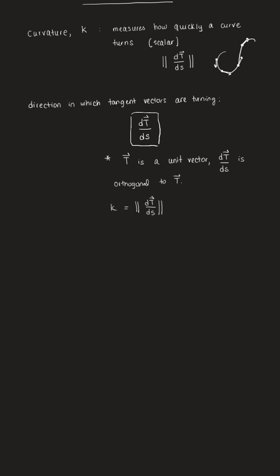So we define a new vector called the principal normal vector. And this vector is going to have a length of 1. It's going to be a unit vector that has length 1, but the direction of dT/ds. So here's what it looks like. We're going to take the normal vector with respect to arc length.